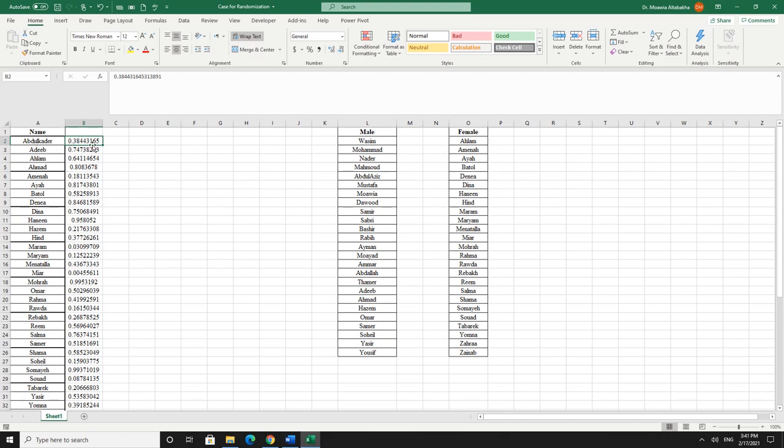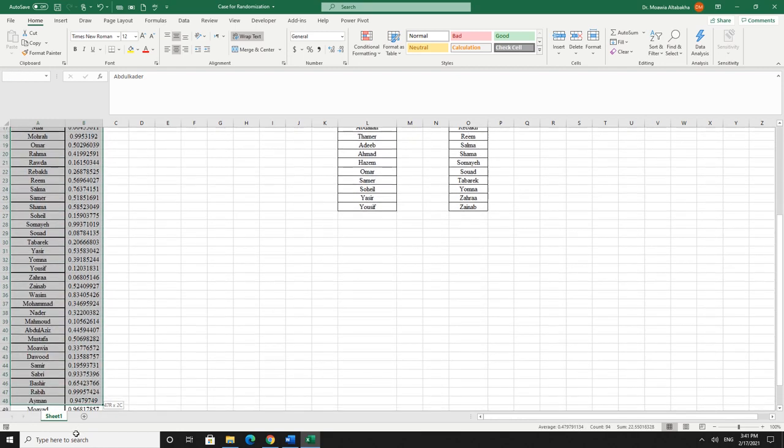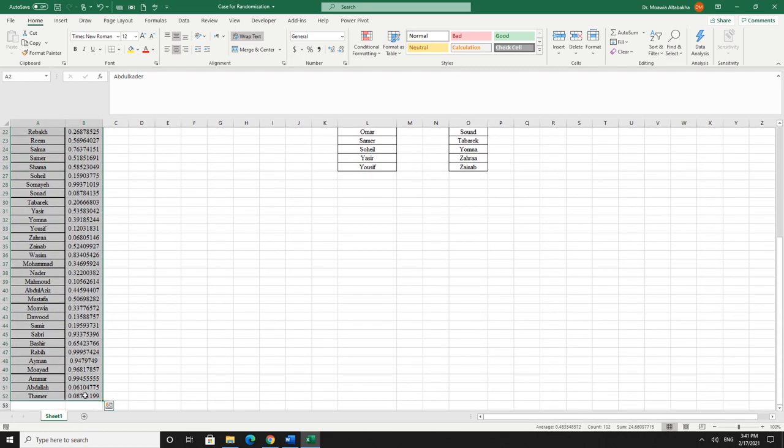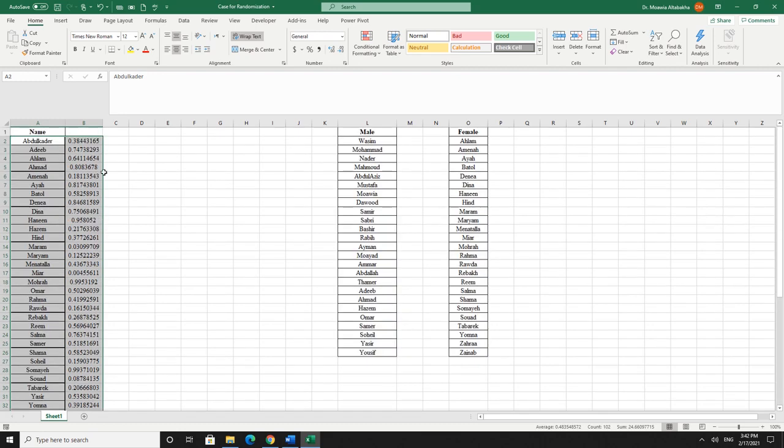See what I will do now. I will ask Excel to arrange them according to the number, either from top to bottom or from bottom to top. So I will highlight these two. Now I highlighted them and I go to filter and here custom sort.